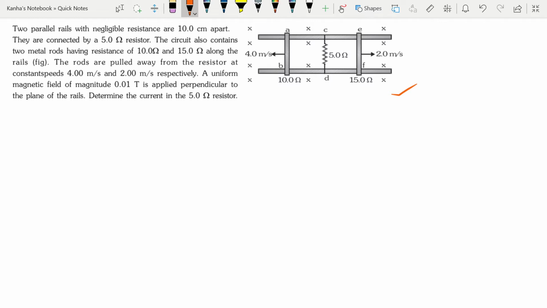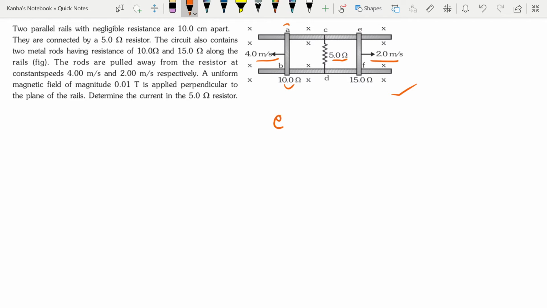So this is your 5 ohm resistor. This rod is being pulled at 2 meter per second, and the other rod is being pulled at 4 meter per second. Note that here the area of the loop will be changing, so that will induce an EMF in the cells. Let's just see what happens. Two conductors are moving in a uniform magnetic field, so motional EMF will be induced across them. The rod AB will act as a source of EMF.